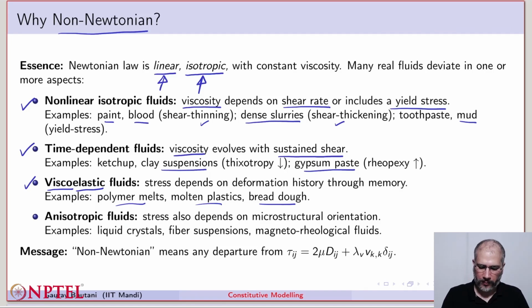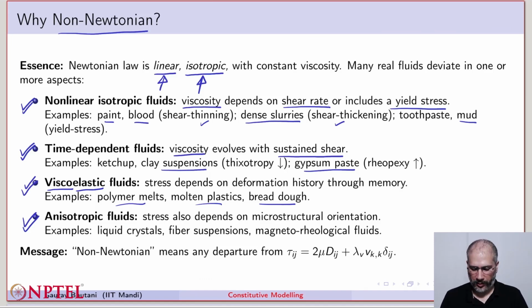So typically, the first two classes, that is, nonlinear isotropic fluids and time-dependent fluids, typically are isotropic. And then viscoelastic fluids may or may not be isotropic. Again, they can be linear or nonlinear. But then we have anisotropic fluids, which is very interesting because typically fluids are well mixed. So we expect isotropy in the rheology of a fluid.